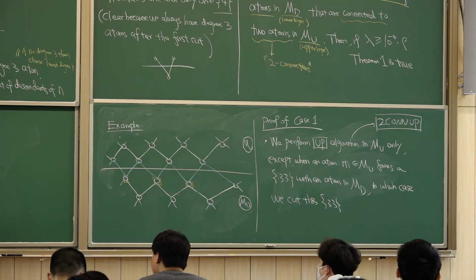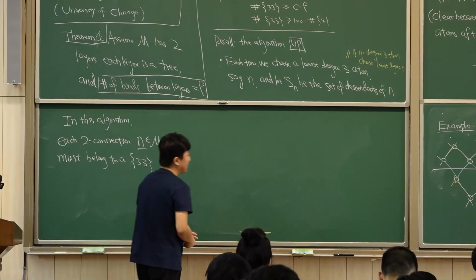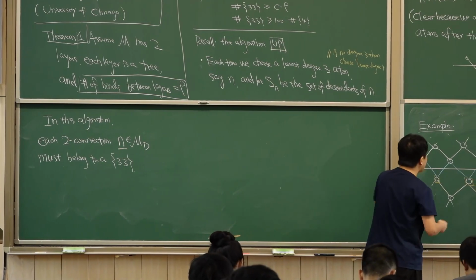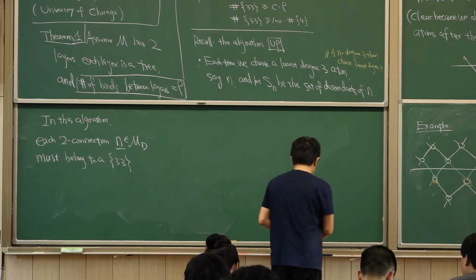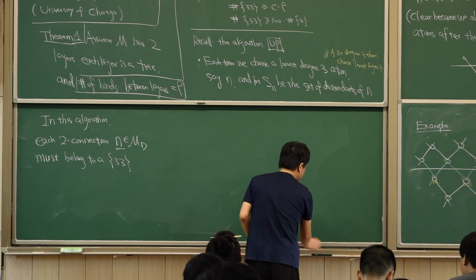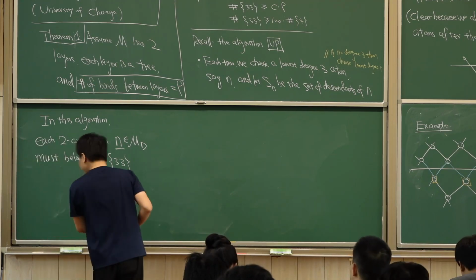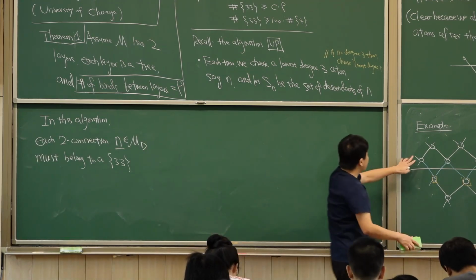Okay? So now why is this true? Why must N belong to a degree 3 component? Let's look at this picture and carry out the process like in the ARC algorithm. Well, the first thing is we cut the lowest.